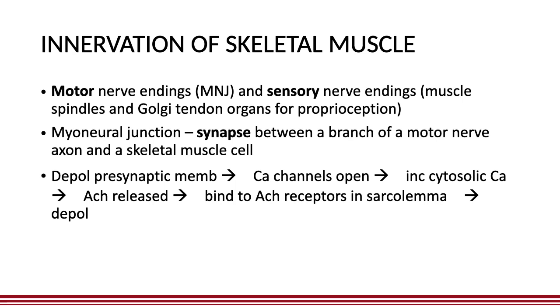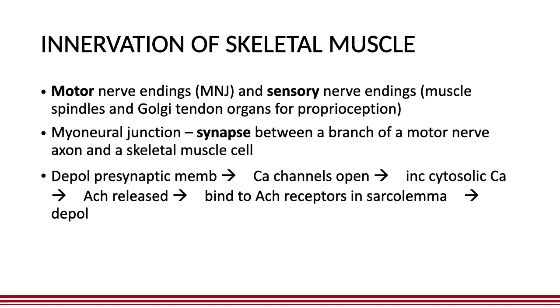Okay, so they have axons which extend from the spinal cord to form synapses with the muscle fibers. Okay, and then you have the neuromuscular junction, which is the space between the axon of the motor neuron and the muscle fiber.